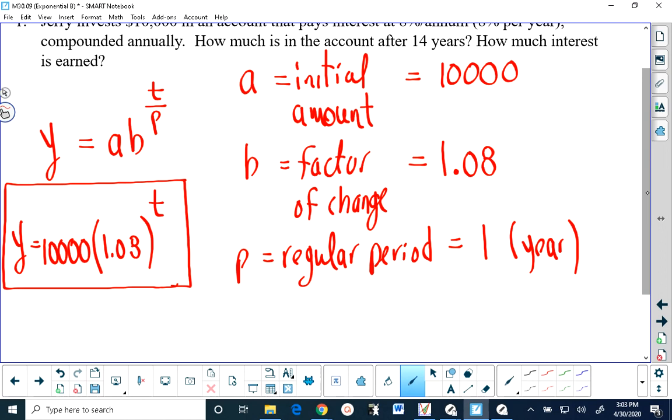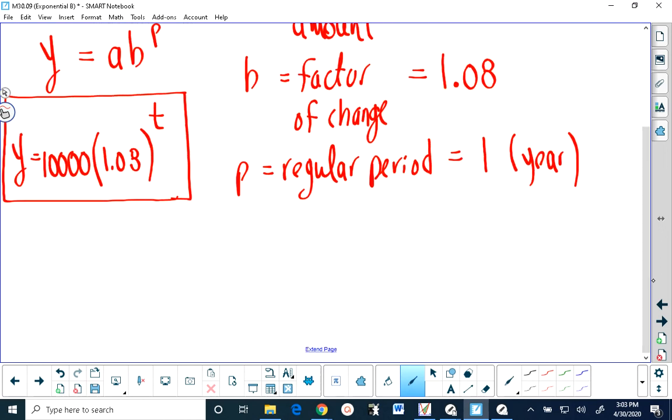Which means if the question says how much is in the account after 14 years, all we have to do is put 14 in for t. And the amount of money will be equal to 10,000 multiplied by 1.08 raised to the 14.